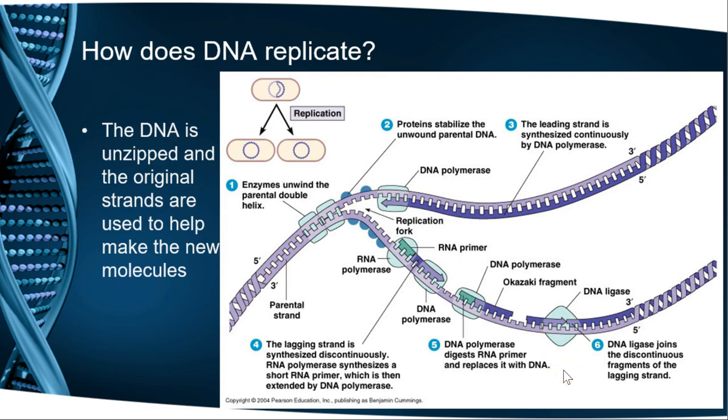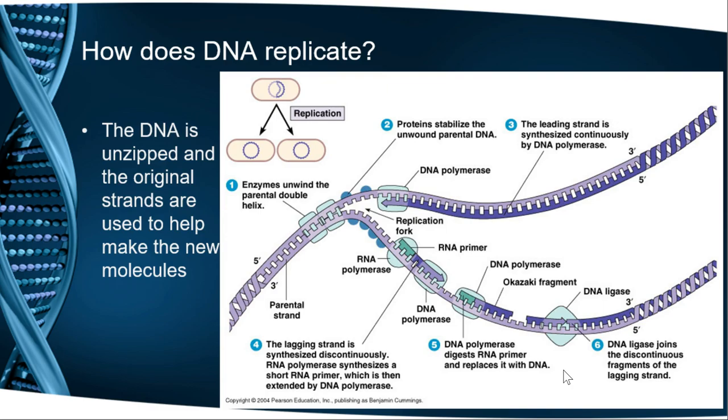It works. It's just a little bit trickier than the leading strand. So leading strand is easy, boom, 5' to 3', continuous. The lagging strand has to have a little bit of help. It's done in pieces, okay? Names of things you need to know: DNA polymerase, that's what actually does the making of the new strand. DNA ligase hooks them together.